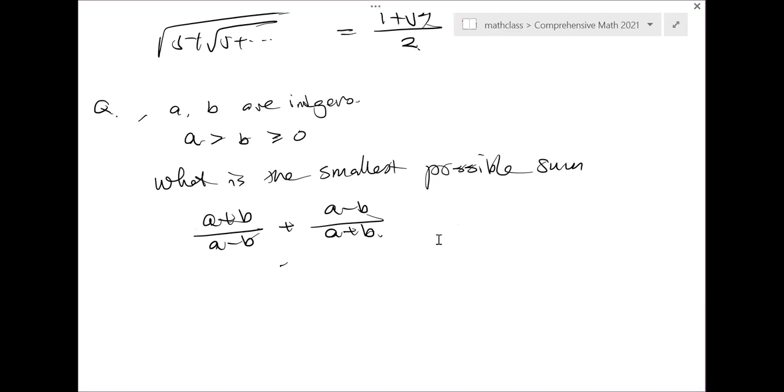It's pretty complicated. But you notice that they are reciprocals of each other. So please work on this first. You may guess and try to find a small number, but you have to prove it. Why is your answer the smallest value of the sum?